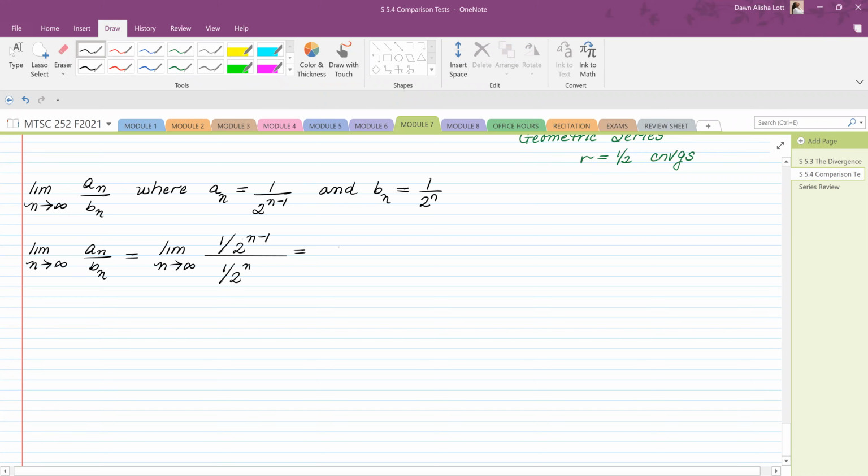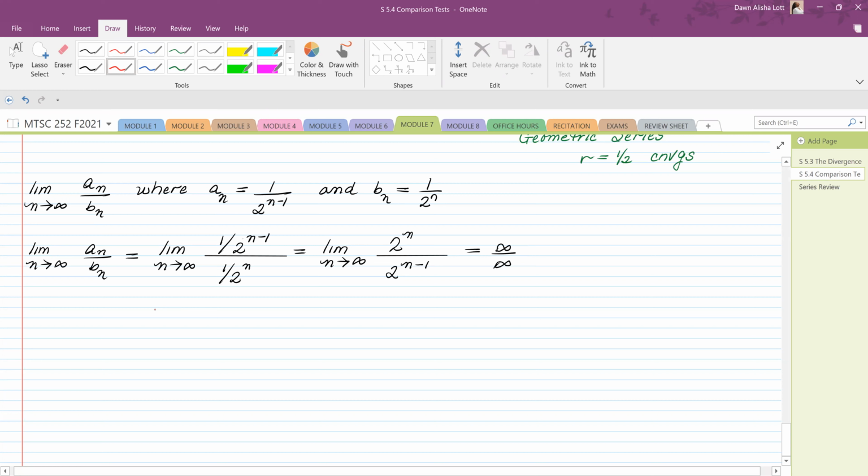So that's the limit as n approaches infinity of 2 to the n divided by 2 to the n minus 1. If you use L'Hopital's rule, this is a good one to use it on. This one gives you infinity over infinity.